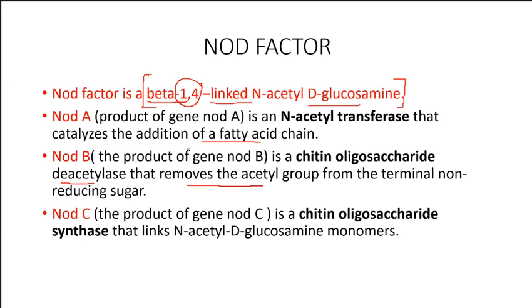In total, these three help in the formation of the structure of the NOD factor. NOD C is a chitin oligosaccharide synthase that links N-acetyl D-glucosamine monomers. So several monomers are linked by NOD C.